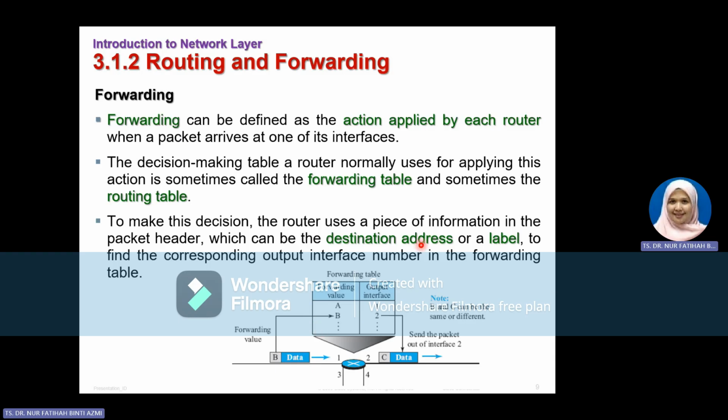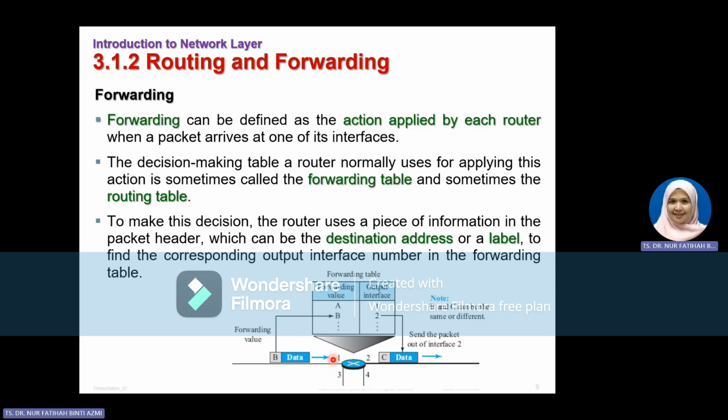The table will tell the router which output interface to use to send the packet to the next port. For example, you can see here the packet enters at port 1, which is label number 1 here.